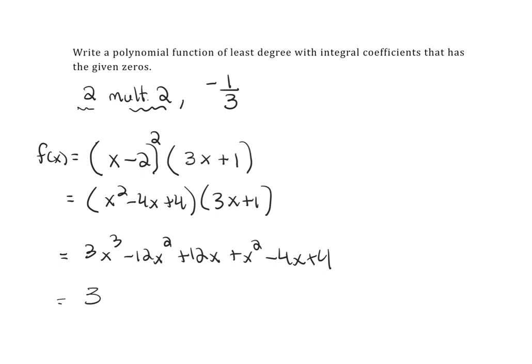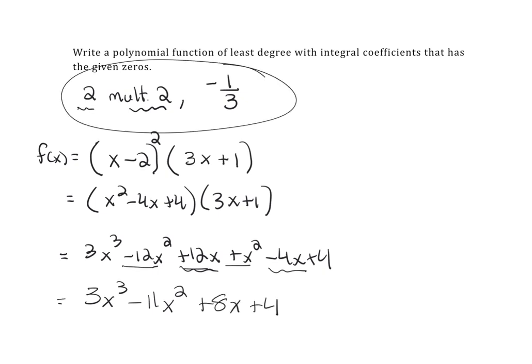Combine like terms: 3x to the third, negative 12x squared plus x squared, negative 11x squared. 12x take away 4x is 8x, and then plus 4. So that's taking your zeros and writing a possible polynomial that matches it.